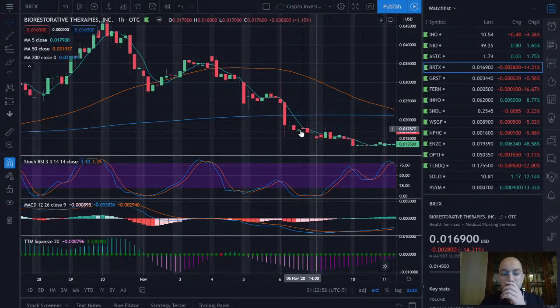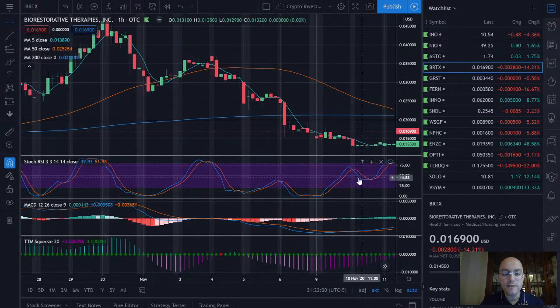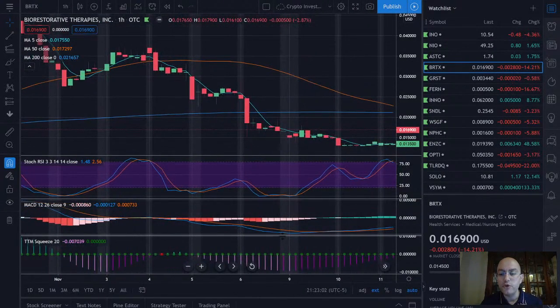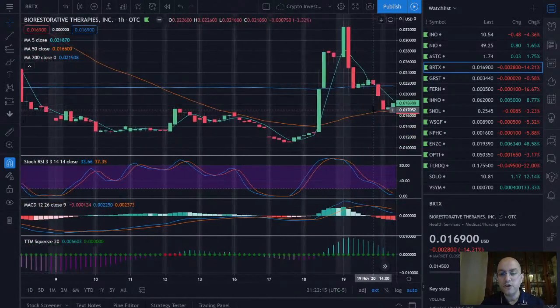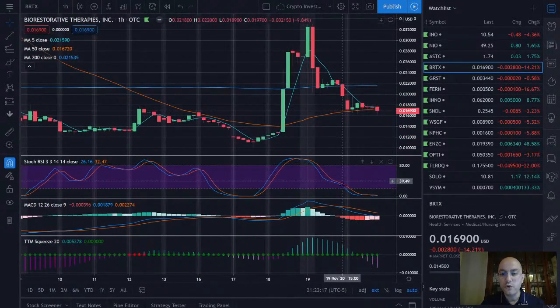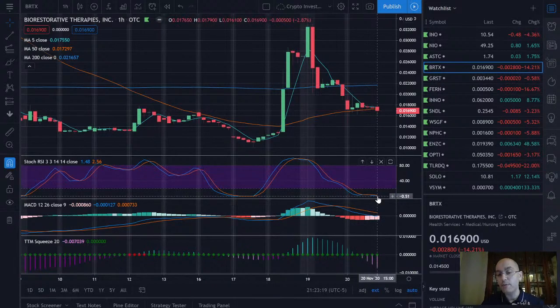So you'll notice that whenever I'm doing an analysis, I refer to moving averages a lot, especially in my videos. You'll notice that I refer predominantly to the moving averages right here. And then I start discussing the stochastic RSI, which I personally put a lot of weight on. And then I refer to the MACD, or the moving average convergence divergence.